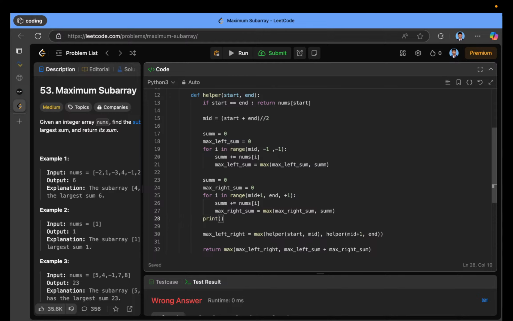Print max left comma max left sum, max right sum, comma, max left sum plus max right sum.